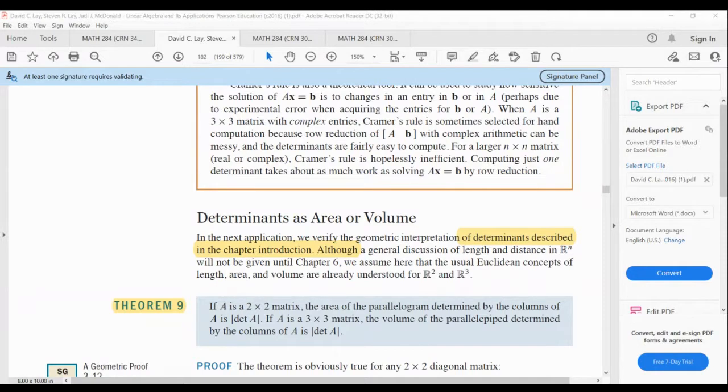According to Theorem 9, if you have a 2x2 matrix, the area of a parallelogram determined by the columns of the matrix A is equal to the absolute value of the determinant of A. And if a 3x3 matrix, the volume of a parallelepiped determined by the columns of A is the absolute value of the determinant of A.